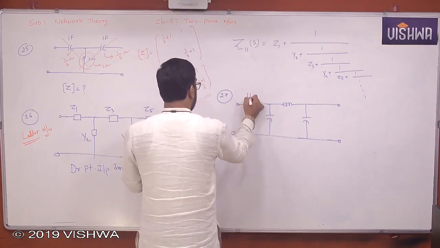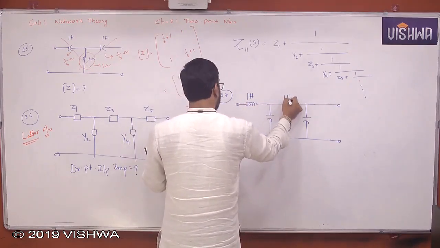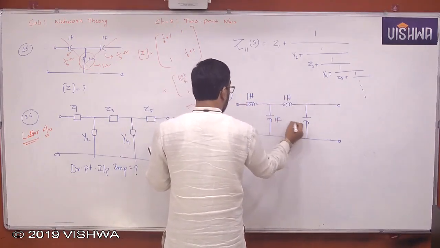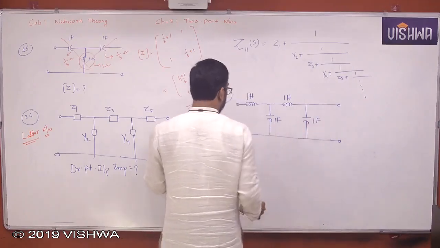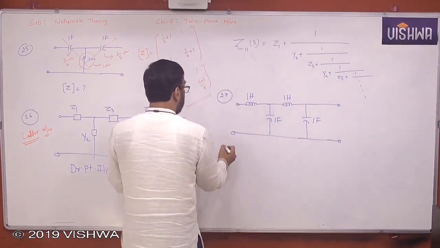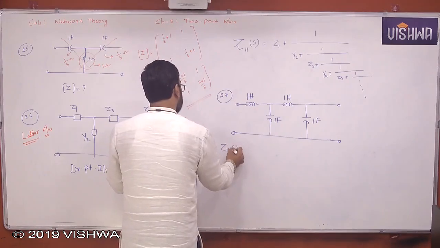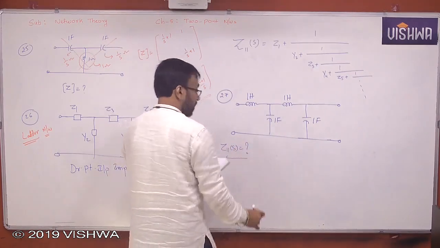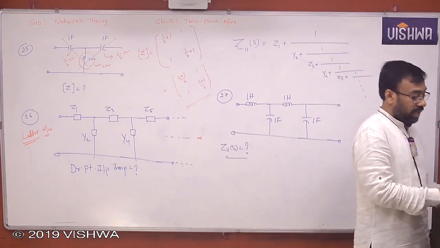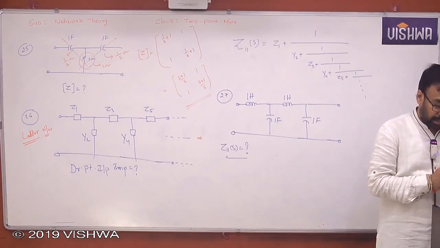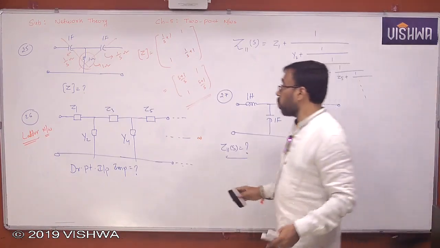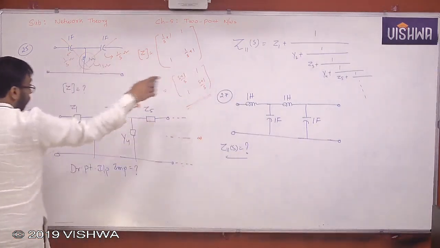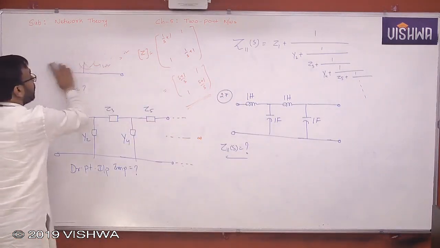This is 1 Henry given. For convenience, we are taking all ones. 1 farad and 1 farad. So we are expected to find here Z11 of S, that means driving point input impedance. So please note down that formula.